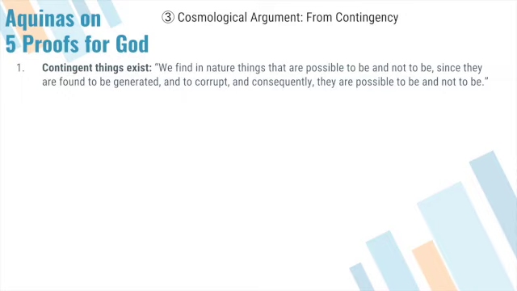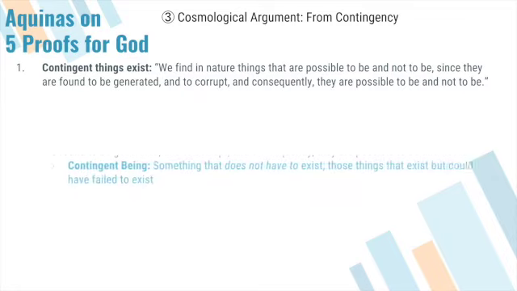If there was a time when it did not exist, and then a later time in which it does exist, then of course it's logically possible that it does not exist, because there was a time when it actually did not exist, so that cannot be logically impossible. That's a contingent thing. So in other words, everything that exists that has been created by God, or anything just in the universe, is contingent, which means it does not have to exist, right?